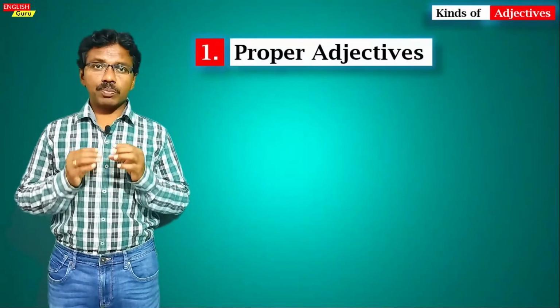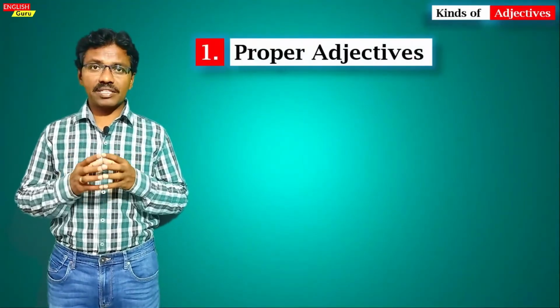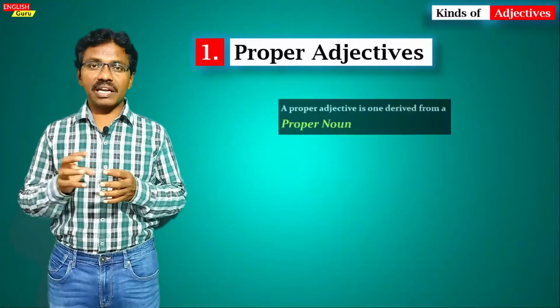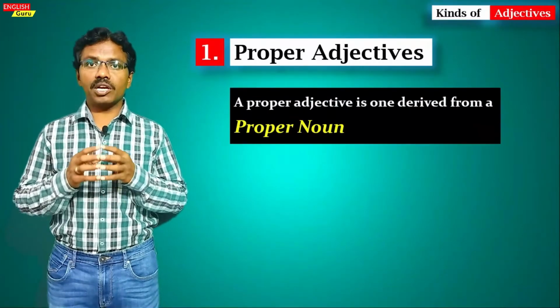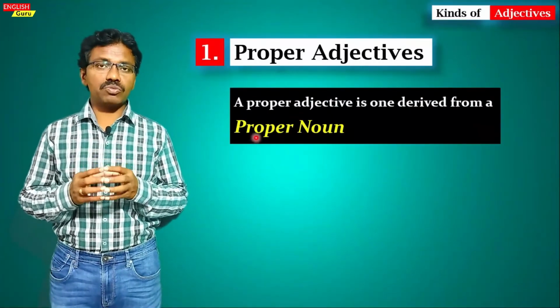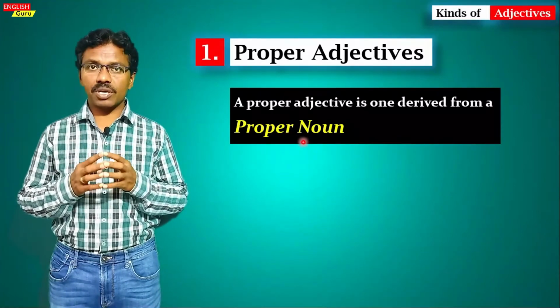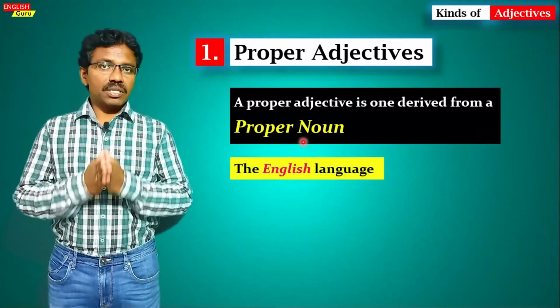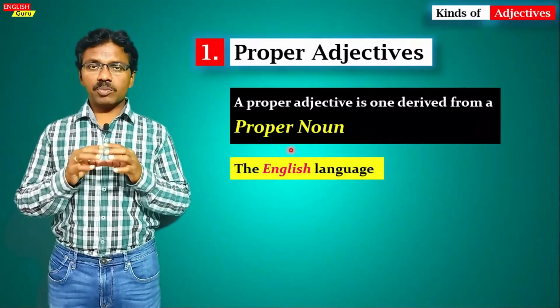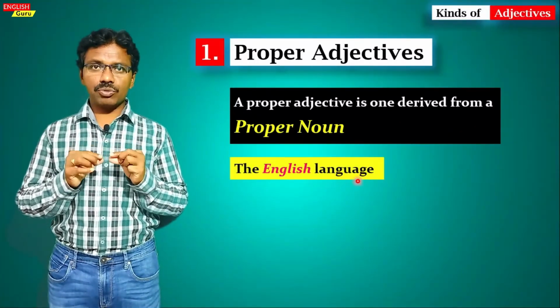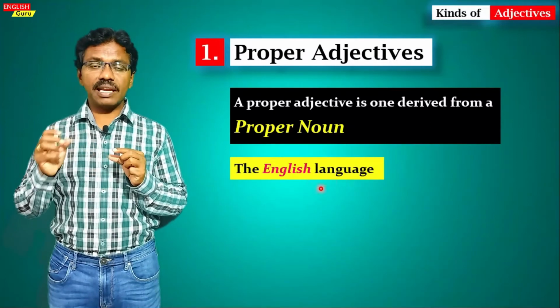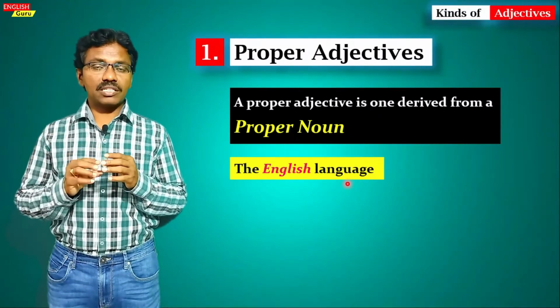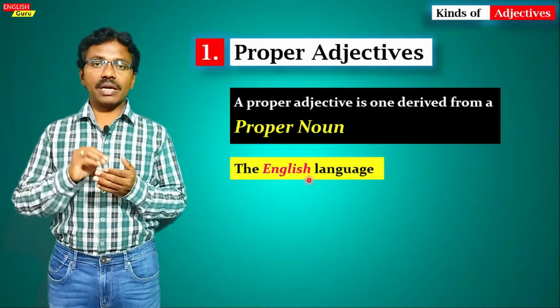The first one is proper adjectives. Proper adjectives are formed or derived, taken from proper nouns. And proper nouns we have discussed in the parts of speech already. You can watch the video. Link is given in the description. For example, the English language. English is a proper noun, but here it is used as an adjective to qualify the language, the noun. So that's the reason it is called a proper adjective.